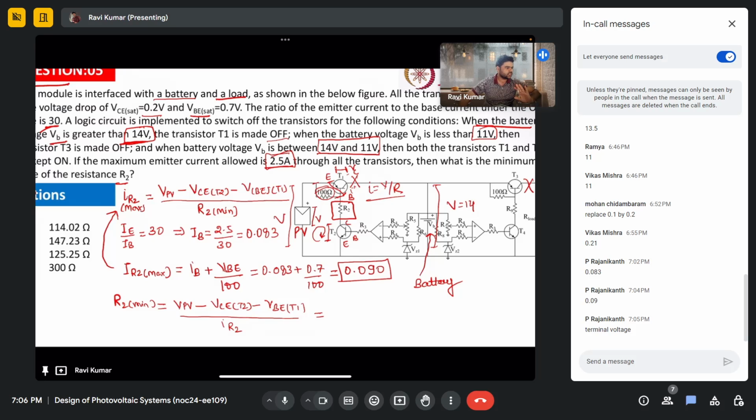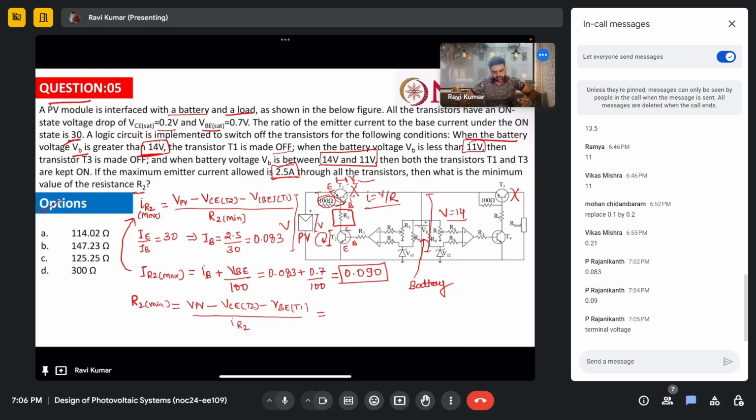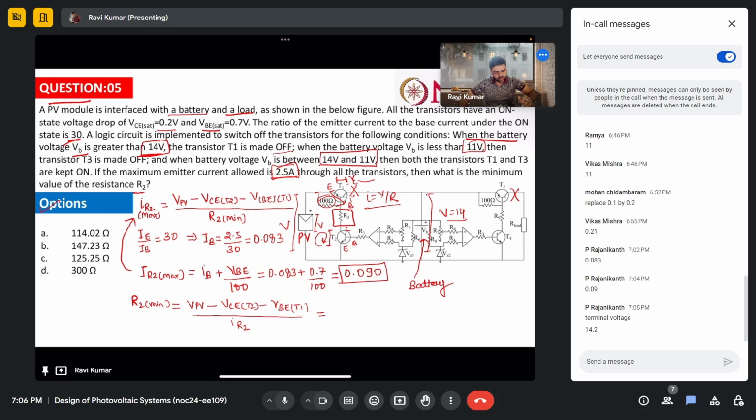Maximum condition. Yes, terminal voltage, right. So this terminal voltage will be this plus this. How much is it coming? 14 plus 0.2, so it will be 14.2, minus 0.2 minus 0.7.